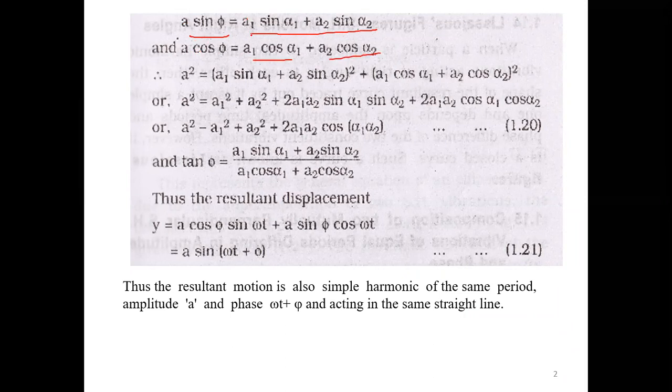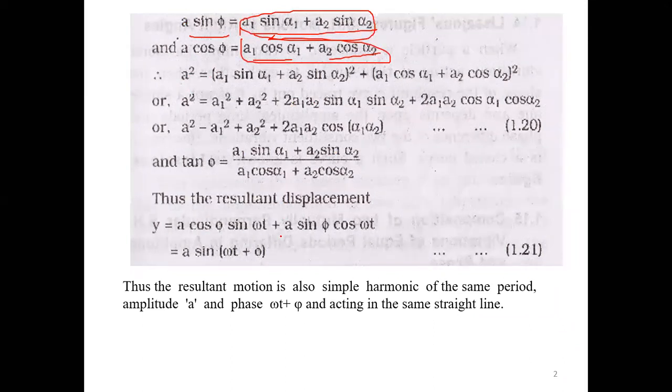So if we substitute A sine phi and A cos phi, the expression becomes A cos phi sine omega t plus A sine phi cos omega t, which can be written as A sine of omega t plus phi.